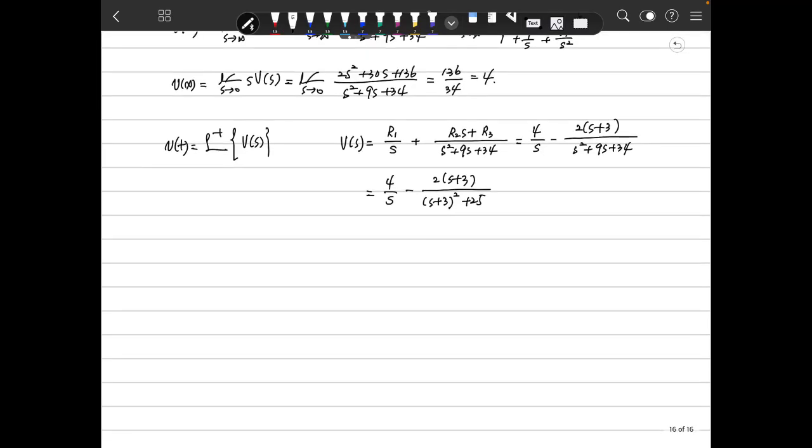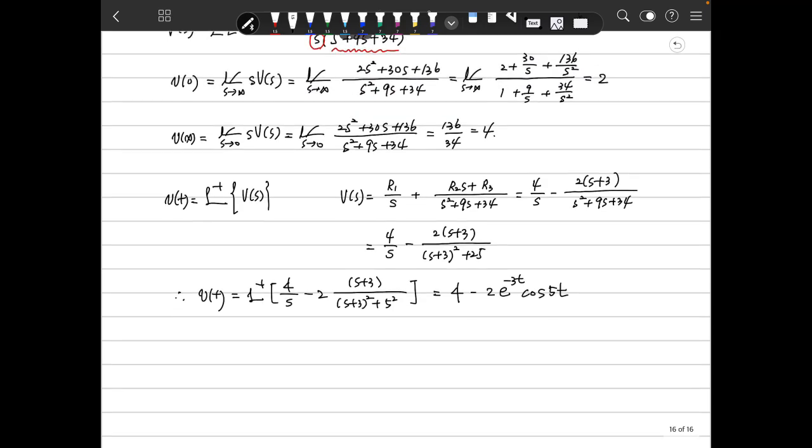Therefore, v(t) is the inverse Laplace of that, which will be 4 minus 2 e^(-3t) cos 5t.